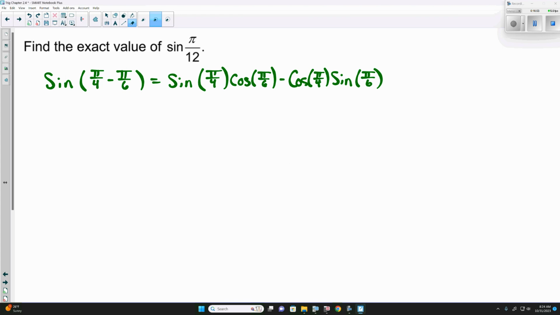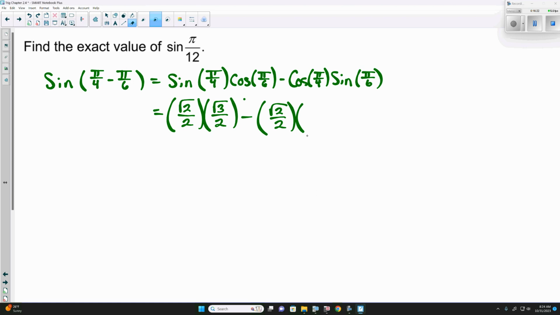Now, sine of pi over 4 is square root 2 over 2. Cosine of pi over 6, square root 3 over 2. Minus cosine of pi over 4 is square root 2 over 2. Sine of pi over 6 is 1/2.